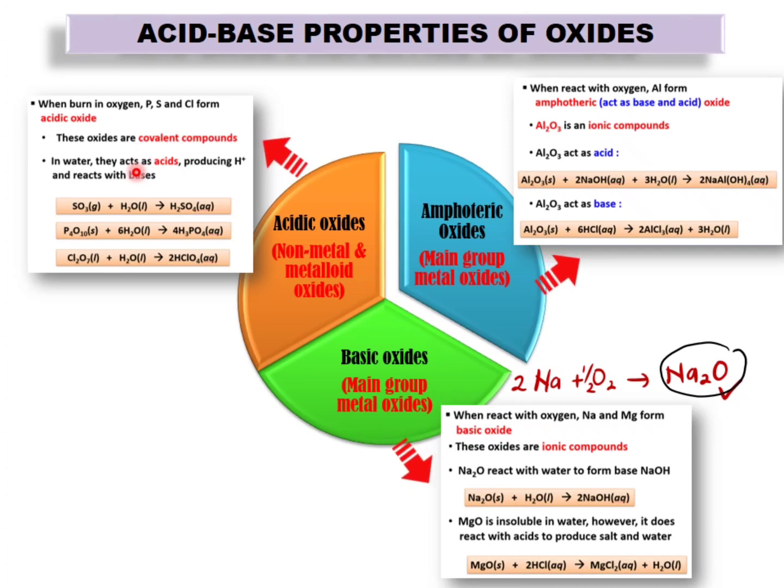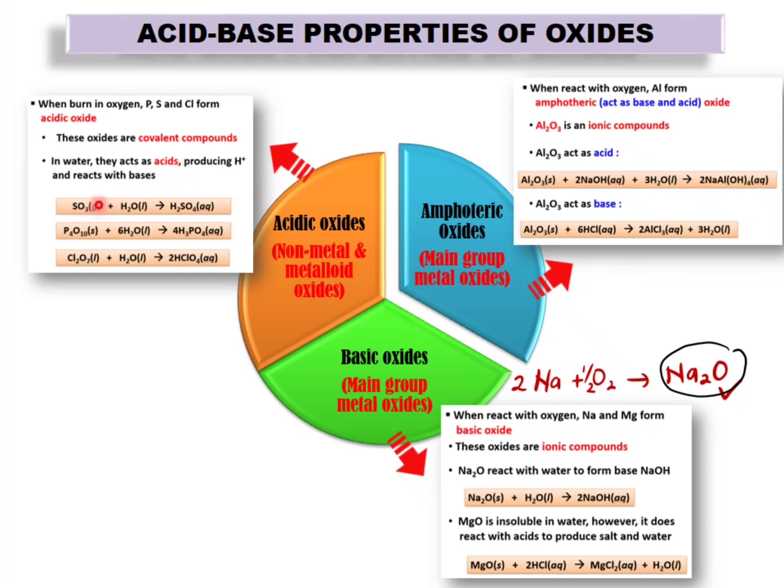So non-metal react with non-metal, it will produce covalent compound. So how to show their acid properties? Okay, so this oxide react with water, it will produce H+. So bila dihasilkan H+ ni, dia menunjukkan sifat acidic oxide itu.